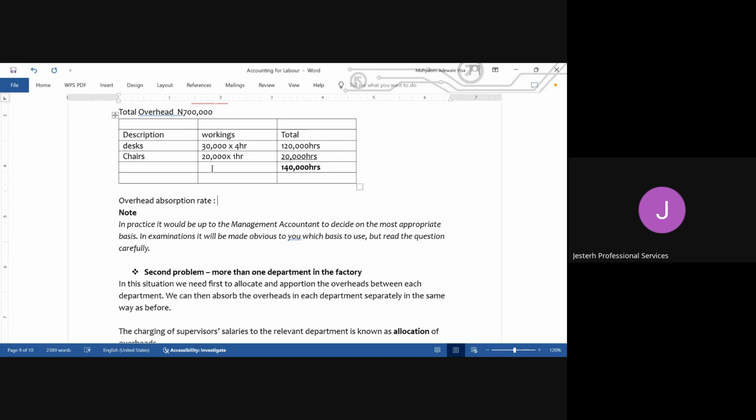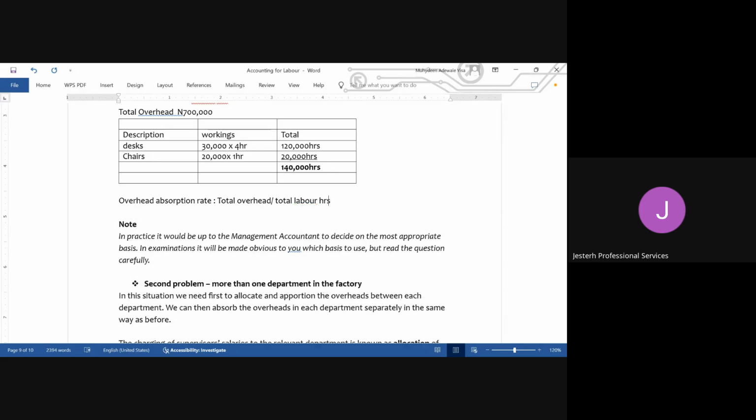Let me just write it here. Total overhead divided by the total labor hours. So that is the formula that we are using to determine the overhead absorption rates.